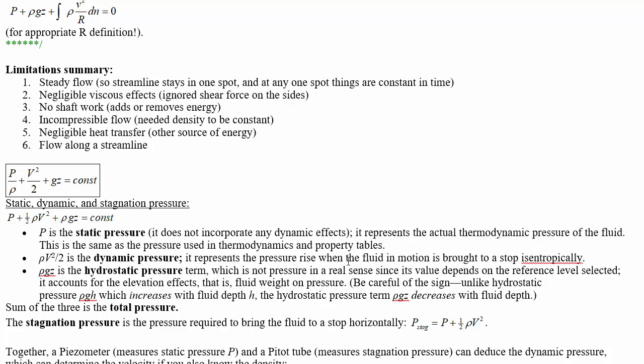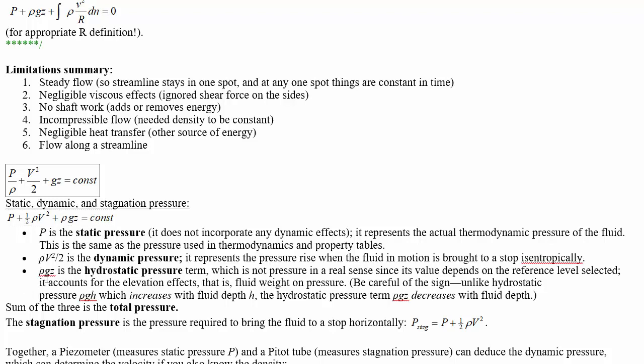So this is the pressure rise when the fluid in motion is brought to a stop isentropically. So we have to be careful. If you bring the fluid to a stop in a way that generates a lot of heat, then it may not increase the pressure. It may not give you all of that energy back in the same way that the Bernoulli equation is assuming.